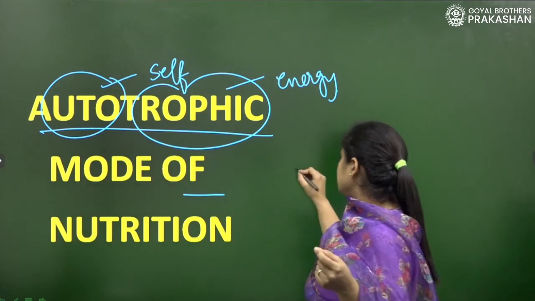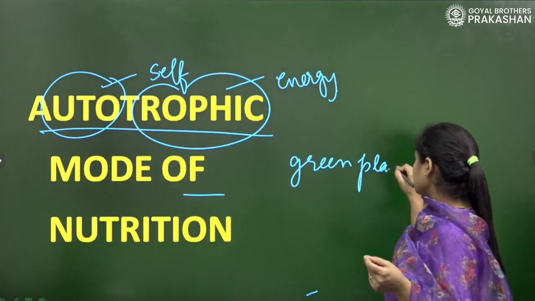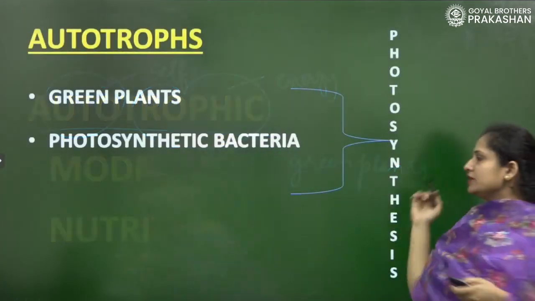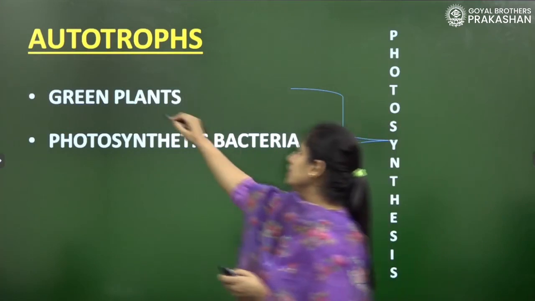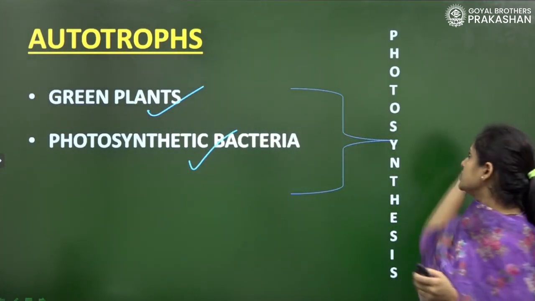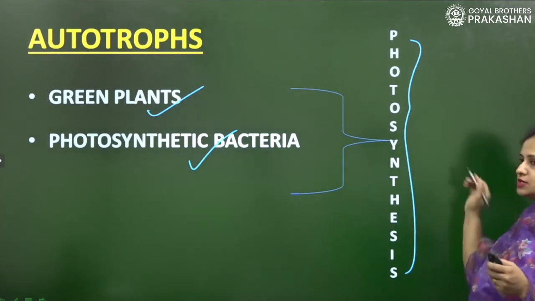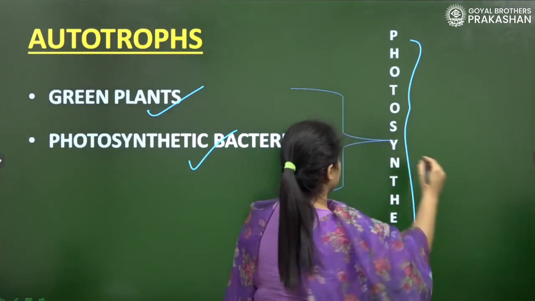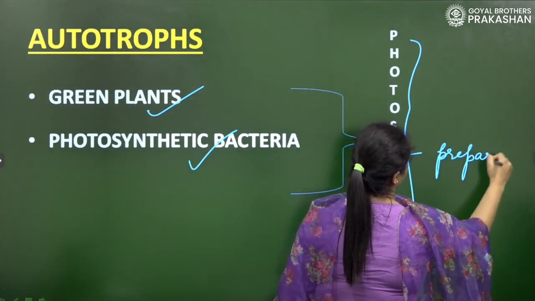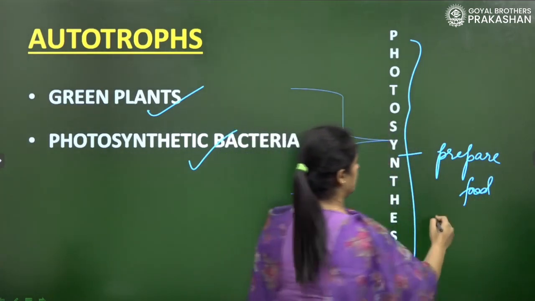For example, in case of some green plants and some photosynthetic bacteria, we can see this mode of nutrition, in which the photosynthesis process takes place. In this process, plants and photosynthetic bacteria prepare their food on their own with the help of sunlight.